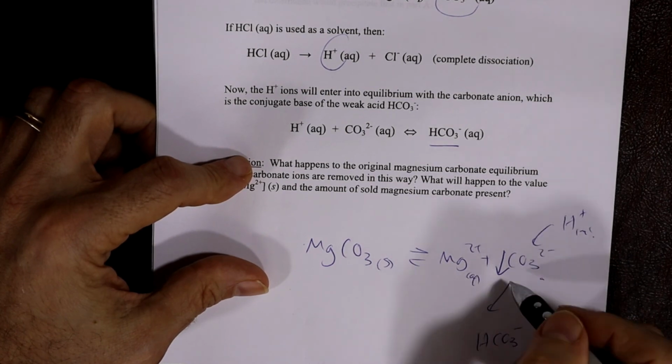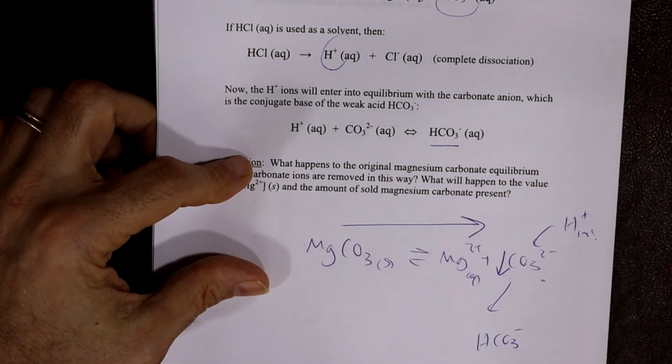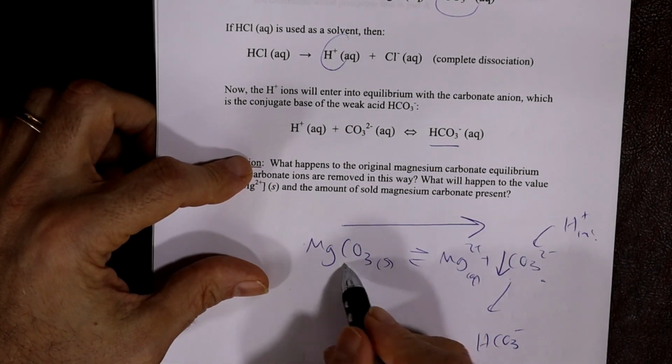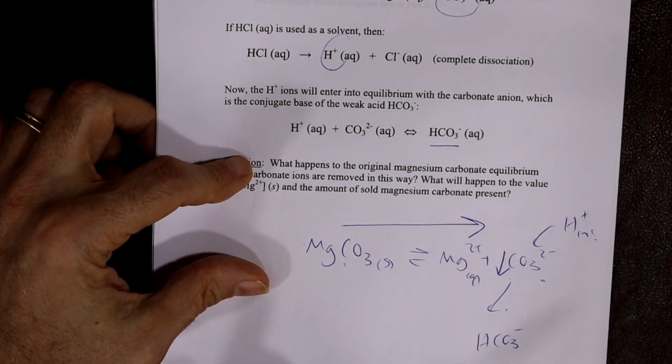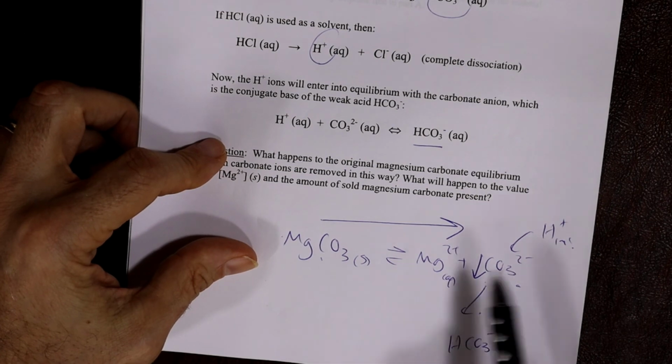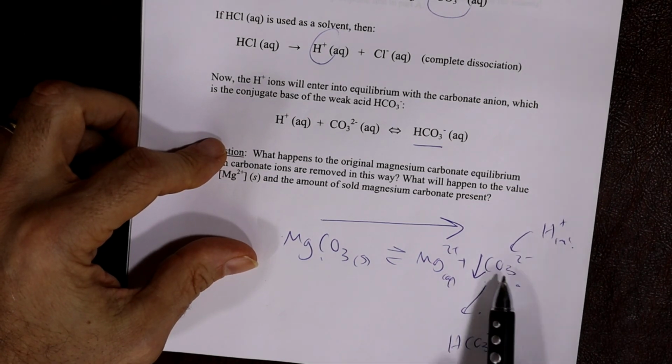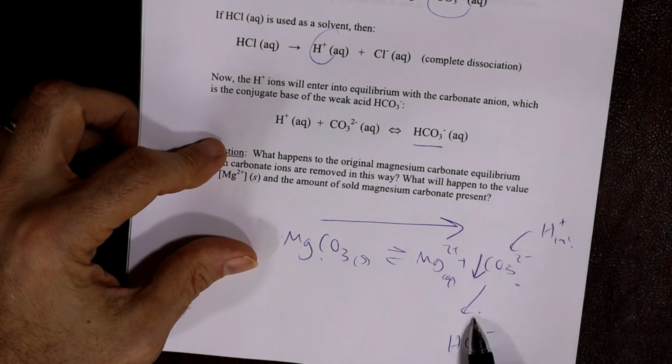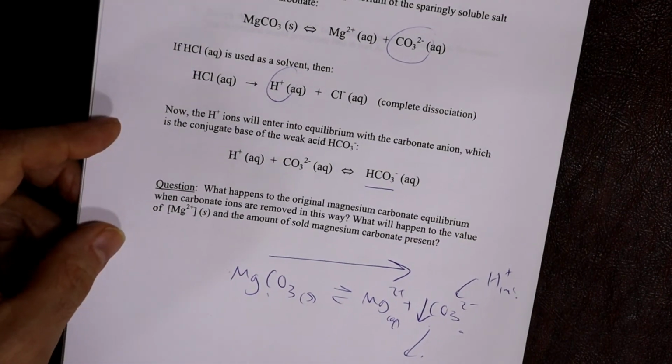That means to replace this, the equilibrium moves to the right. So we can dissolve our insoluble things by adding acid to them, okay? All right, because one of the solubility product ions over here reacts with the external H plus to make something new. If it's new, it's not an equilibrium anymore.